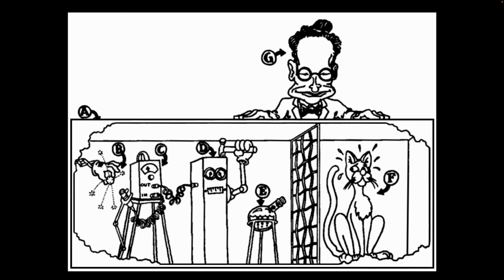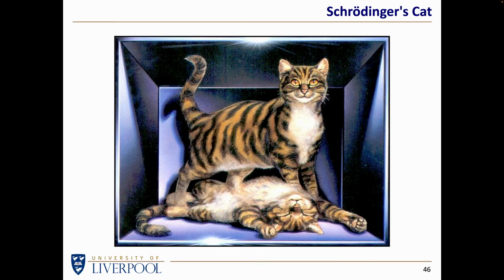But the point of Schrödinger's experiment, the thought experiment, is that for as long as the box remains closed, the cat must be dead and alive at the same time. And it's only when we open the box and make a measurement of the state of the cat that the cat becomes dead or the cat becomes alive. Up to that point, the opening of the box, it's both.